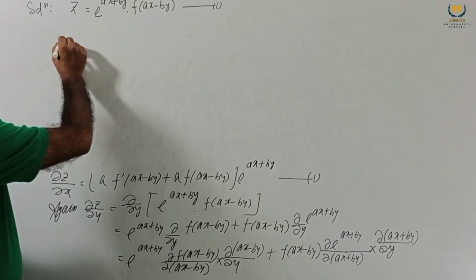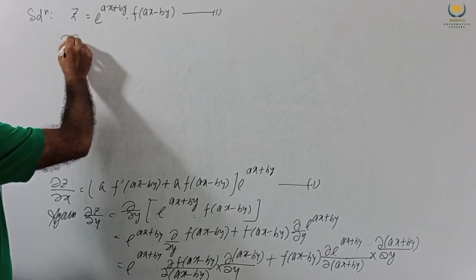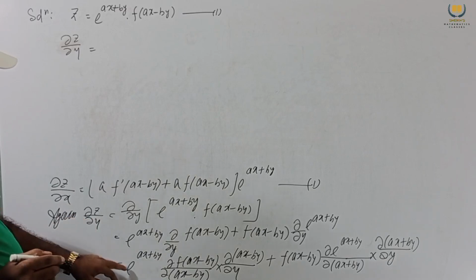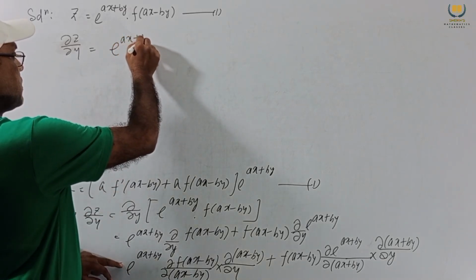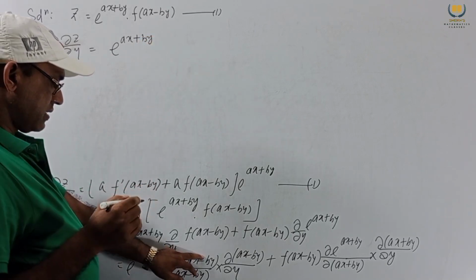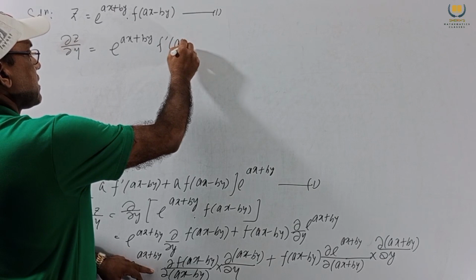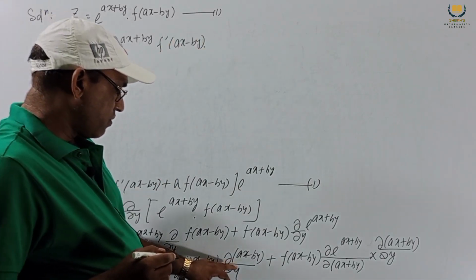Now we get ∂z/∂y. This will be e^(ax+by) times f'(ax−by), and we differentiate with respect to y.